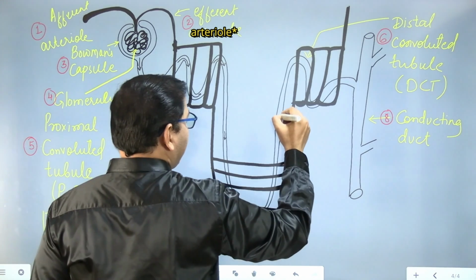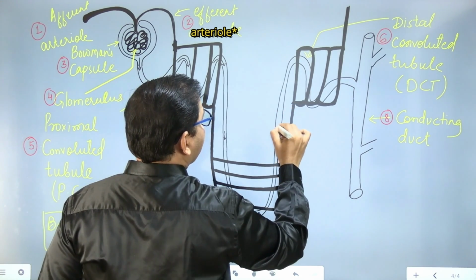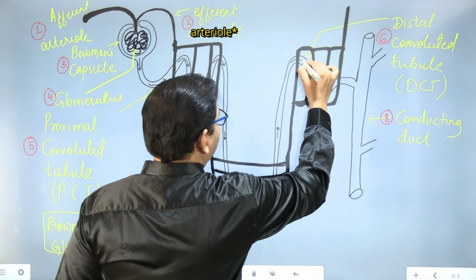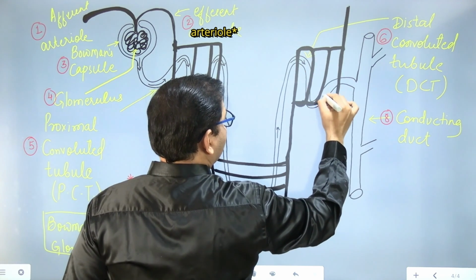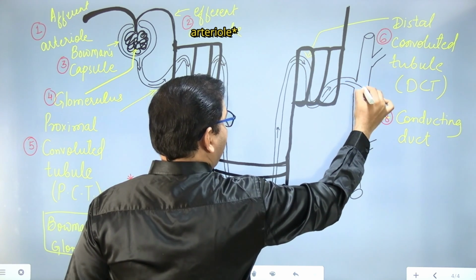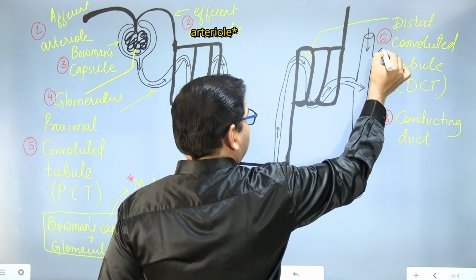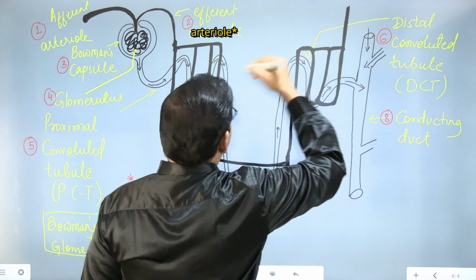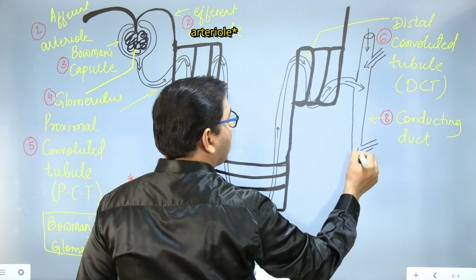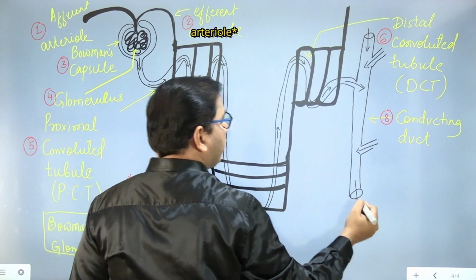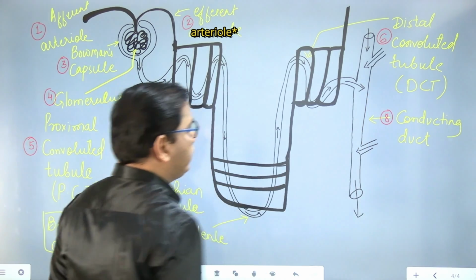Wherever it is taking a turn, please show that. And finally coming here. Then the fluid coming from the other nephrons is conducted in this way through the conducting duct.